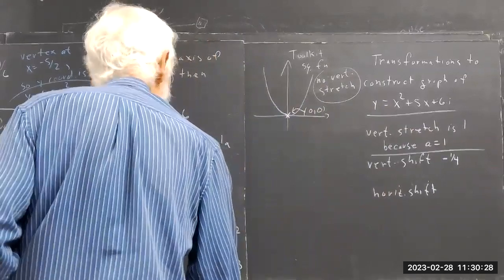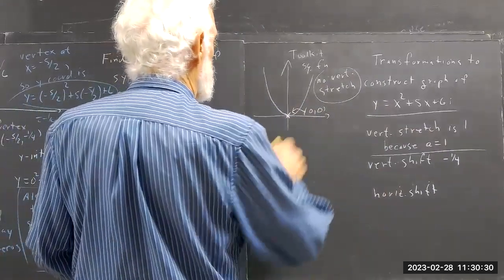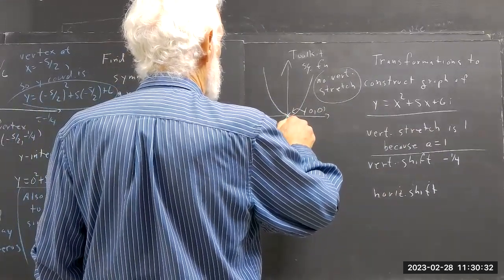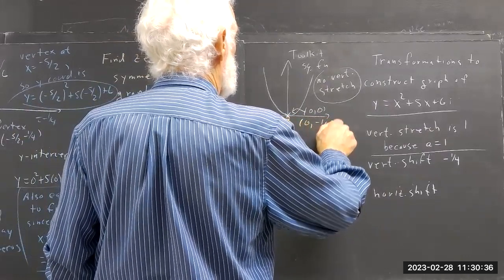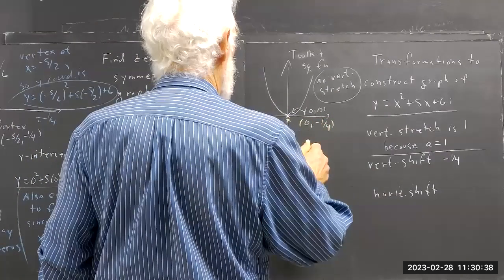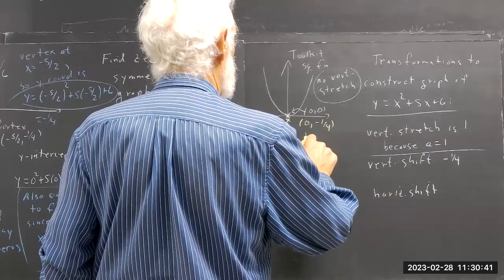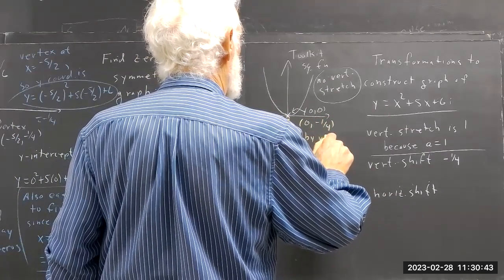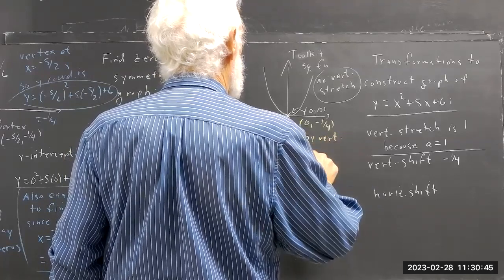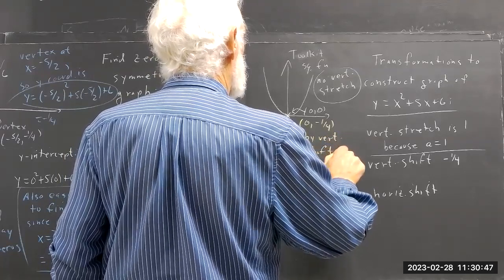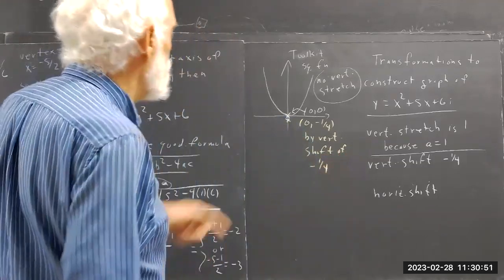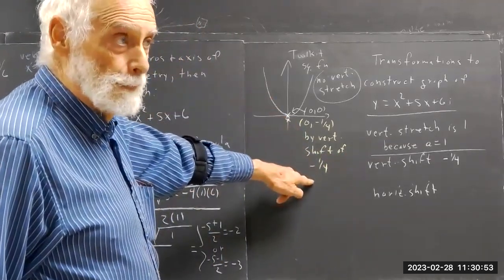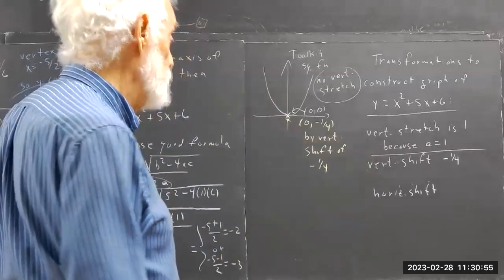Our vertex is 0, -1/4. We do a vertical shift of -1/4, which is what we said we do.